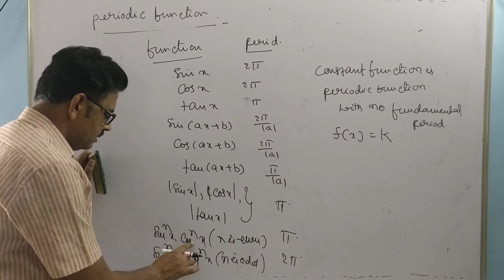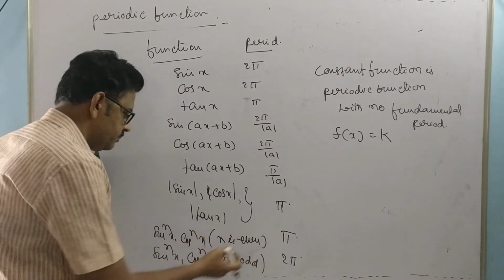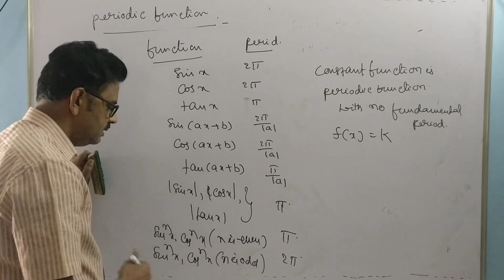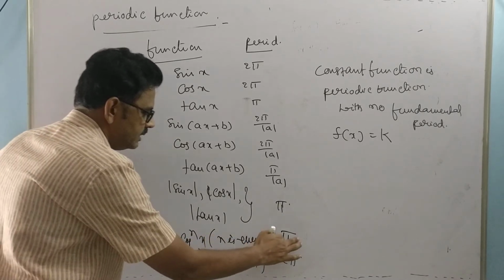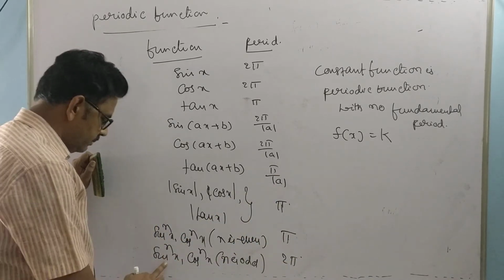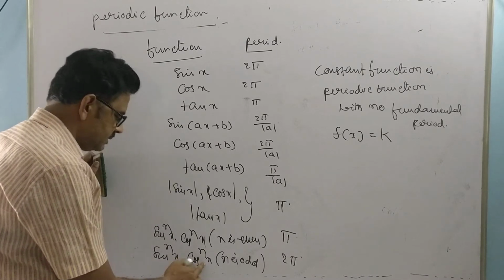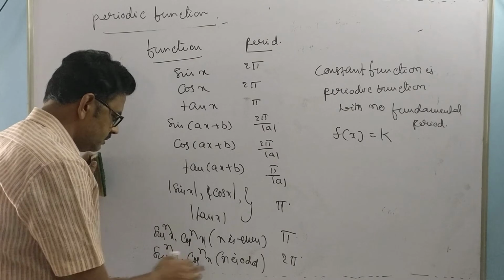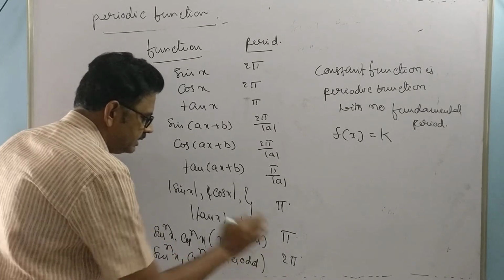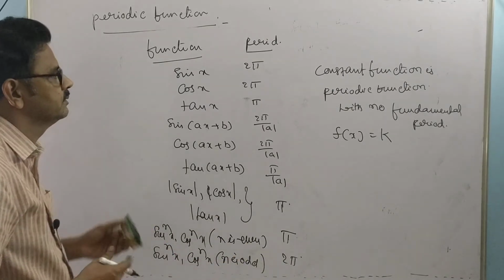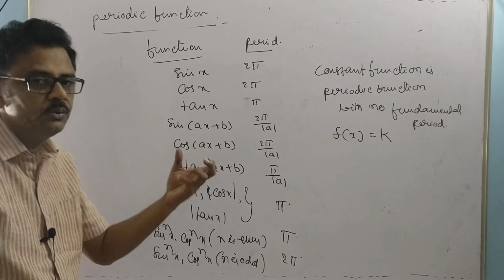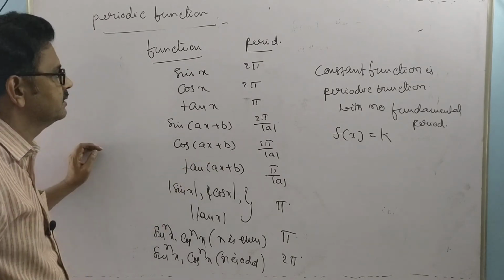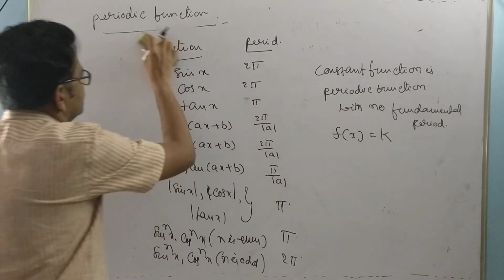Sin power nx, cos power nx, cosecant power nx, secant power nx, if n is even, period is pi. If n is an odd number, its period is 2 pi. Suppose two different functions are given, then how to find the period?